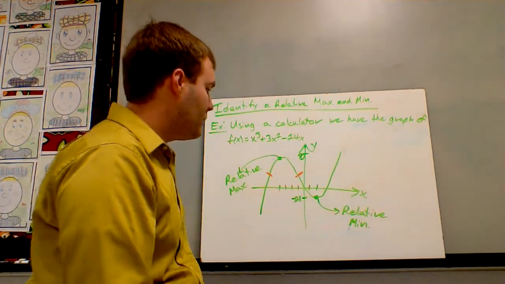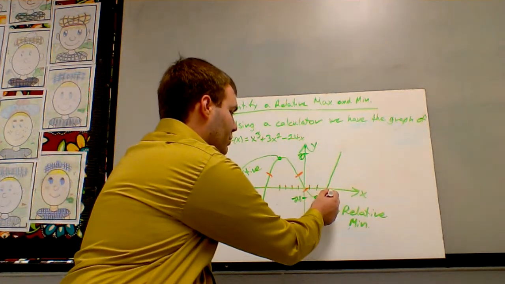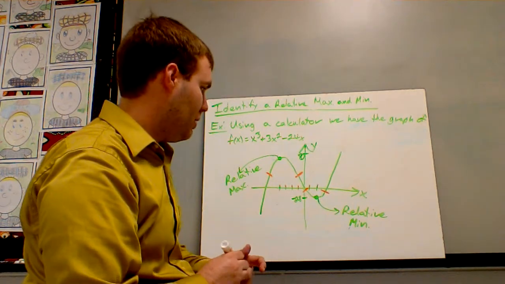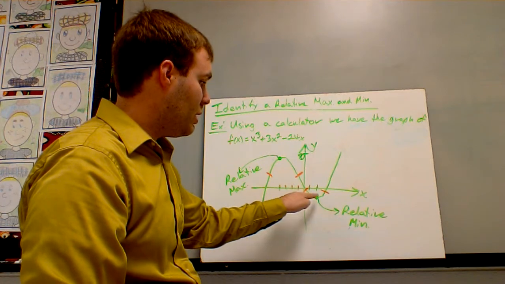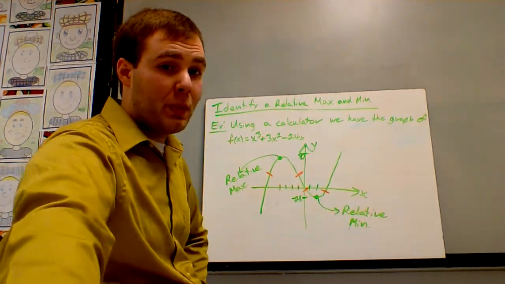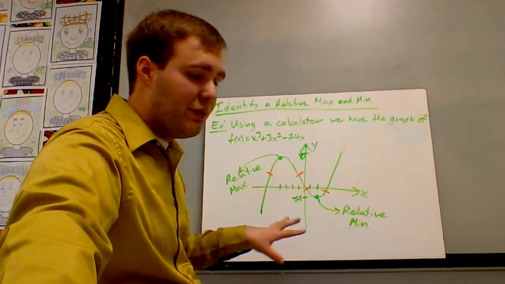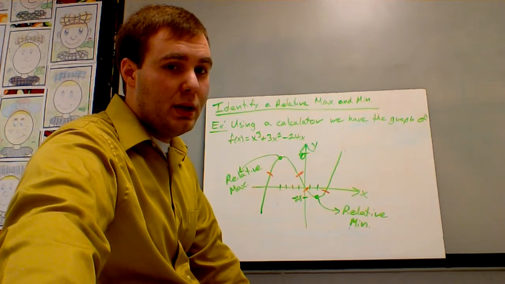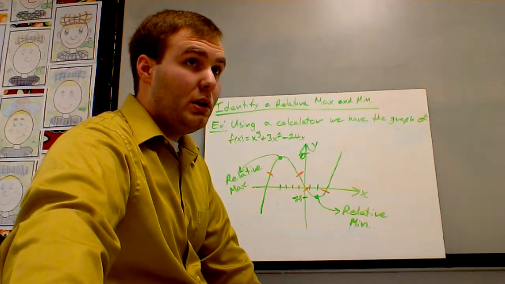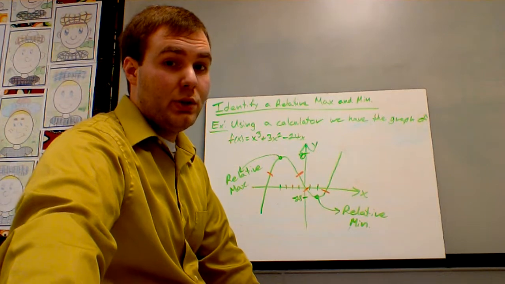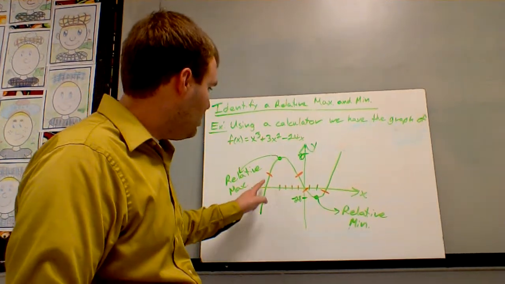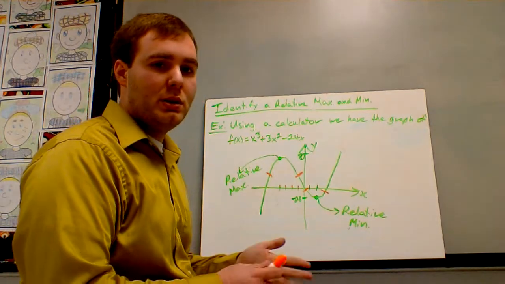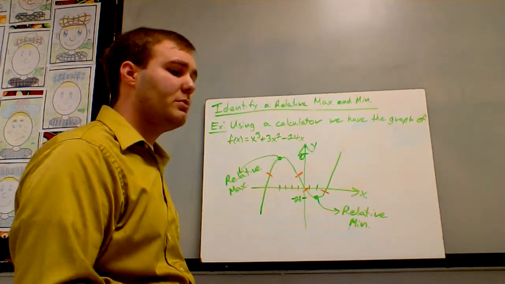The same thing goes for here. If I were to look at that whole area right there, that's a relative min because all of these values are higher than that point. So that's how you're finding a relative max and min. These usually, if not always, occur at turning points, which we've talked about the past couple of days. So again, when you change from increasing to decreasing, you're going to have one of these.